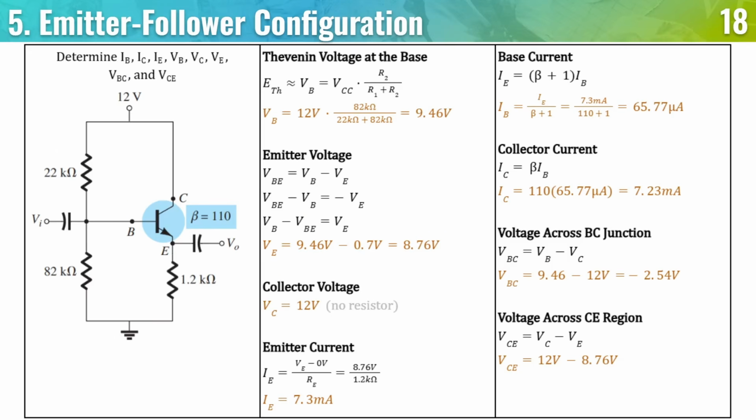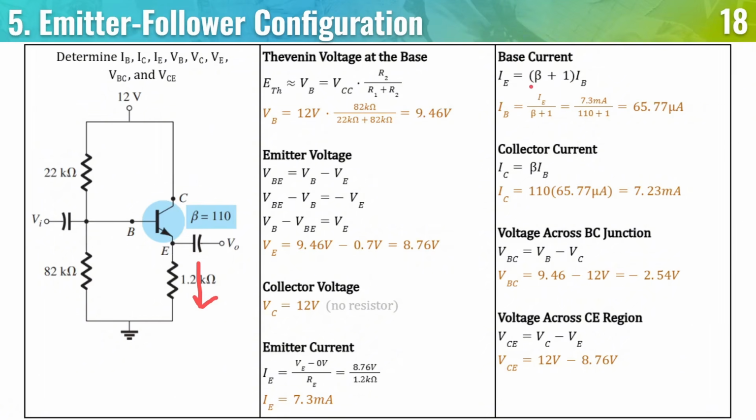First of all, we have VE, which is 8.76 here, minus 0 volts across this 1.2 kilo ohm resistor, so the emitter current is 7.3 milliamps. Knowing this, the base current can be found using beta plus 1.